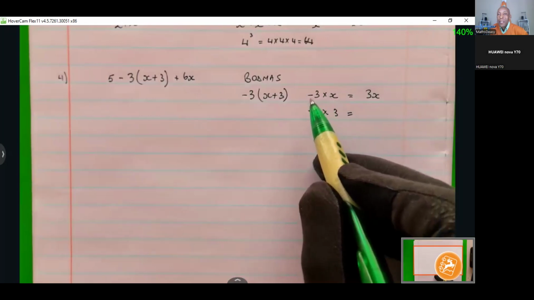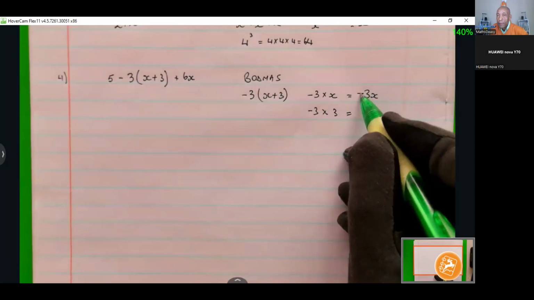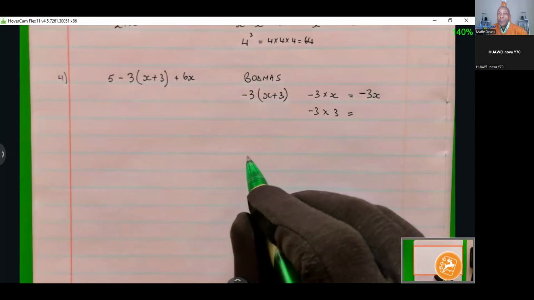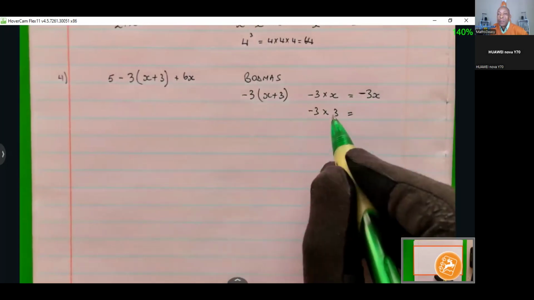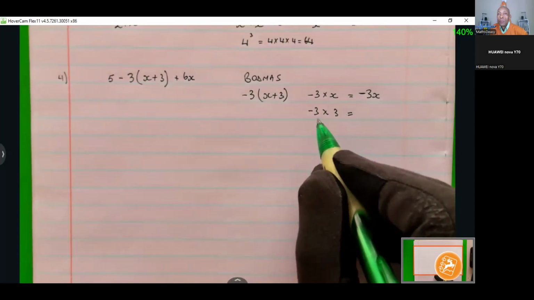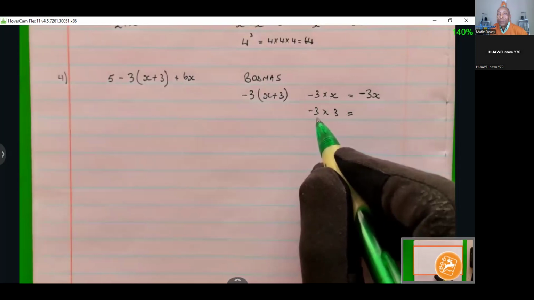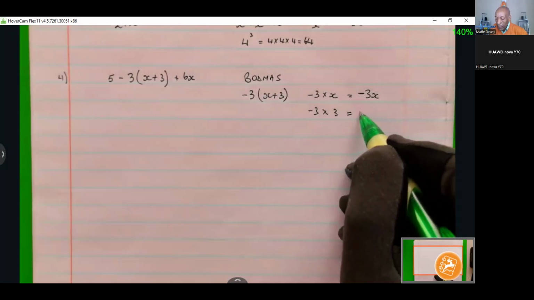And then the 3 has a negative. So I have a -3x when I multiply. What about this one? -9. Okay.